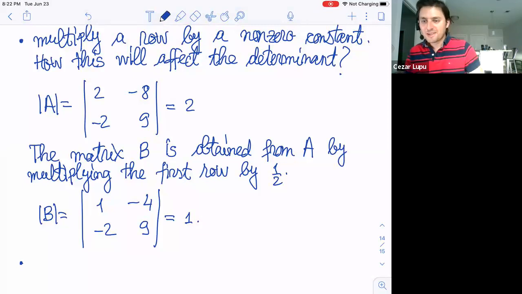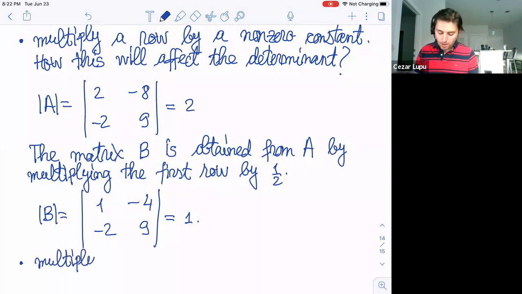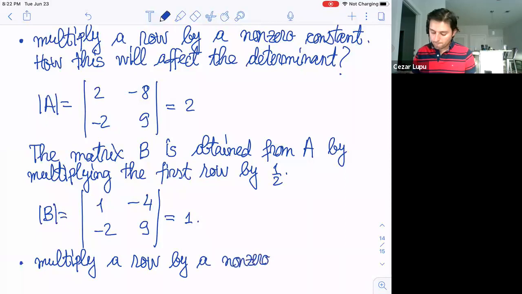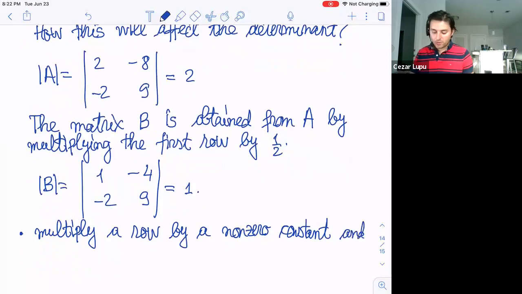So anyway, okay. Let me take another innocent example. Let's say I multiply a row by a non-zero constant, and add it to another row.